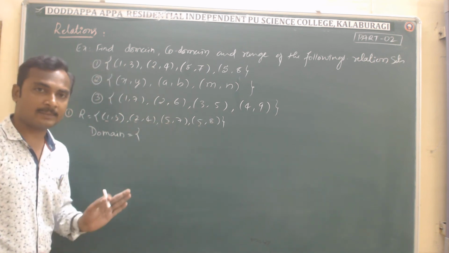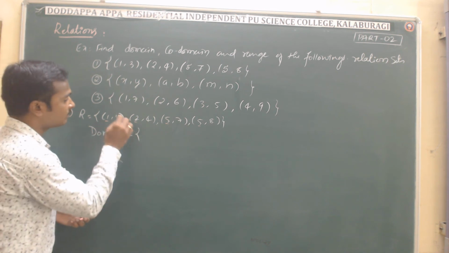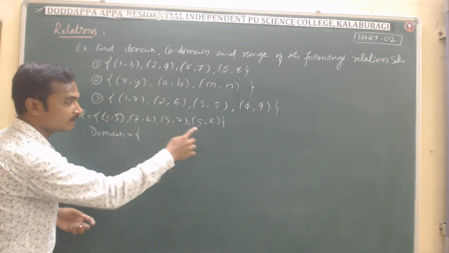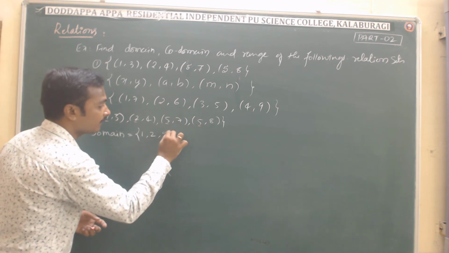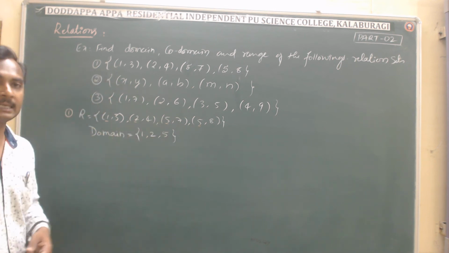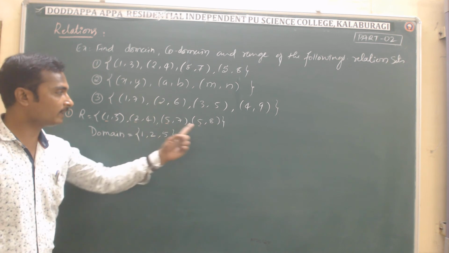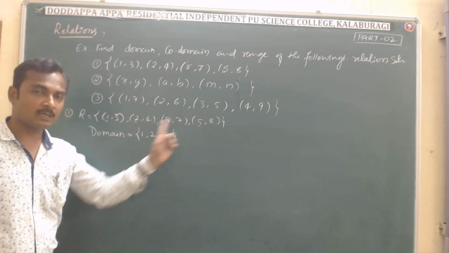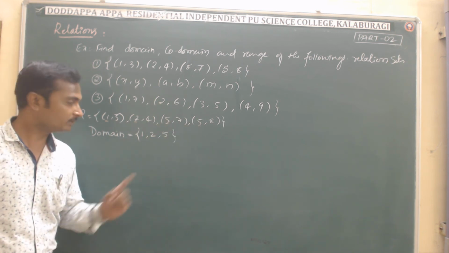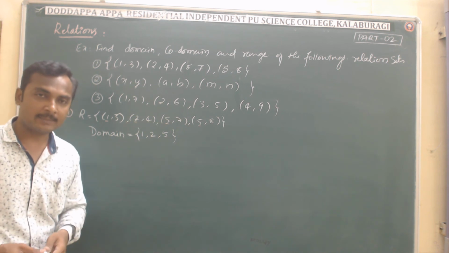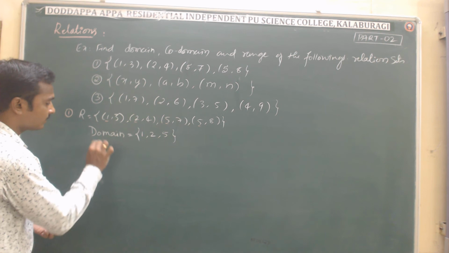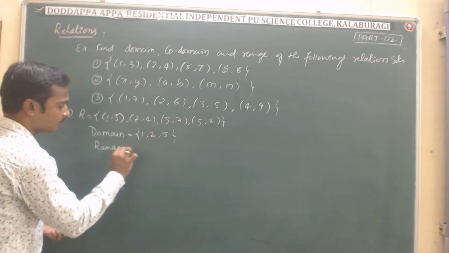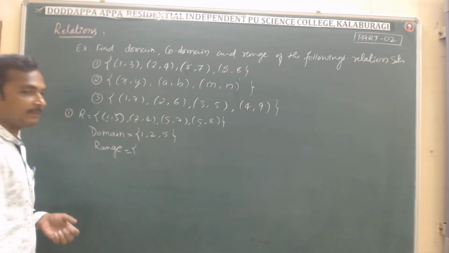These are the first elements. So first elements of each ordered pair are the elements of the domain. We can observe here that 1, 2, 5 and 5, because 5 appears 2 times, I picked it once, therefore 1, 2, 5 are the elements of the domain. Next, range. What are the elements of the range?